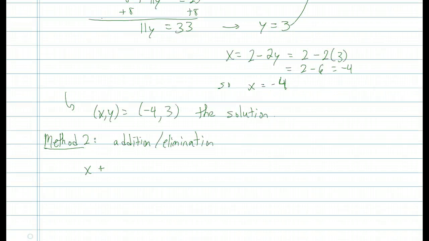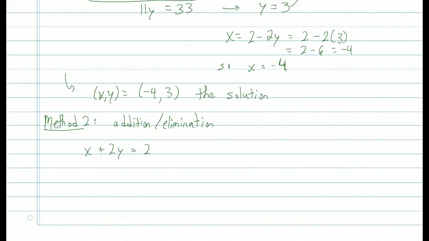So let's just rewrite the system down below, and then we're going to multiply the first equation by 4. That's just for convenience in this case. We could get the y's to cancel out, for instance, by multiplying the first equation by 3 and the second equation by negative 2. But this is just the easiest way to go for this system.